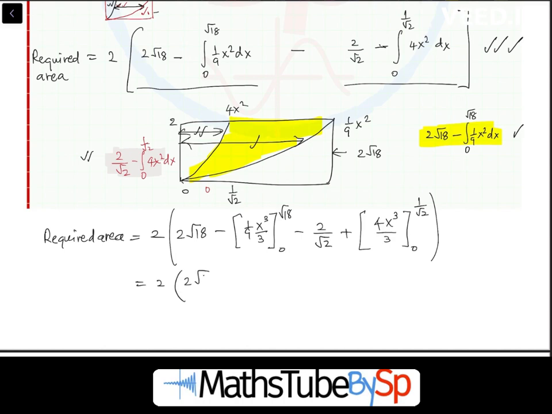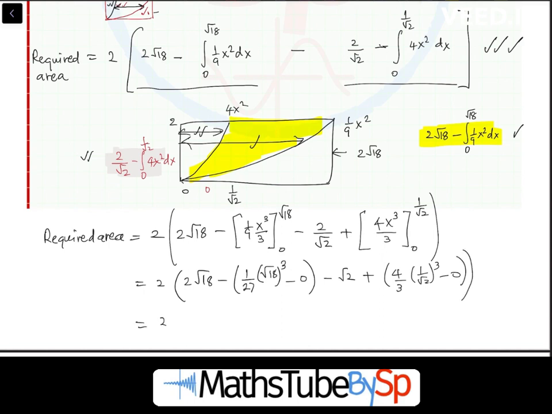I get 2 root 18 minus, let's put that in bracket, this is 1 on 9, that is 1 on 27, that is root 18 cubed, minus 0, minus 2 on root 2 is going to be root 2, simplify, plus bracket 4 by 3 into 1 on root 2 the whole cubed minus 0, complete the bracket.